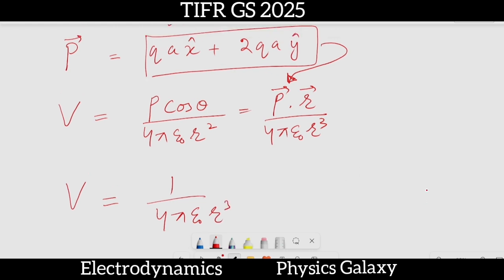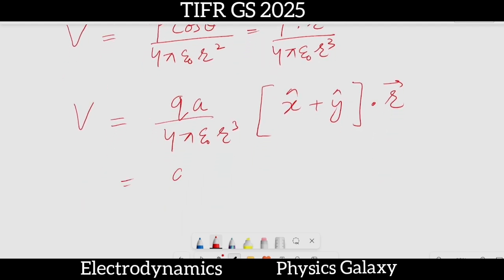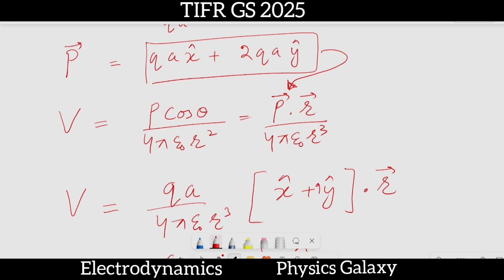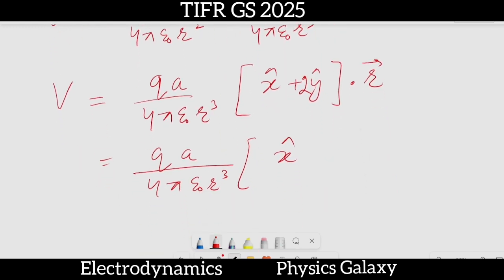We make qa common here, so I will take it out: qa times (x cap plus 2y cap) dotted with r vector, which equals q times a divided by 4 pi epsilon naught r cubed, times (x cap dot r vector plus 2 y cap dot r vector). So this was the answer.